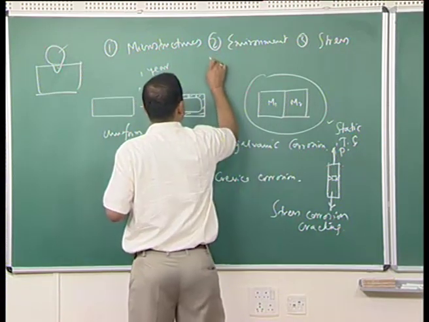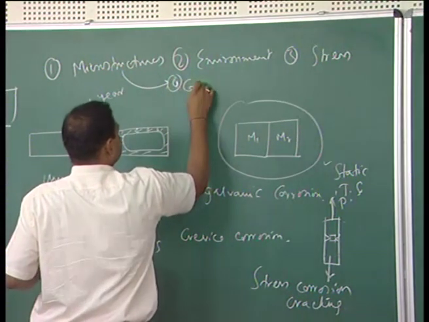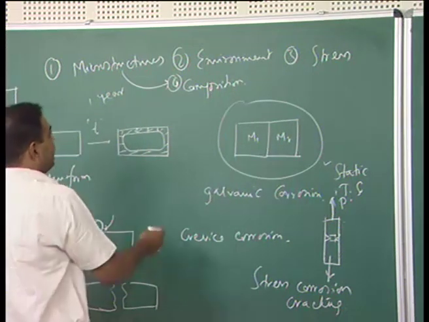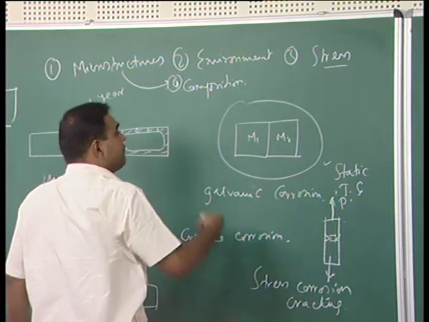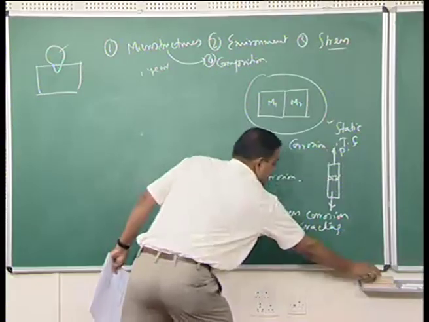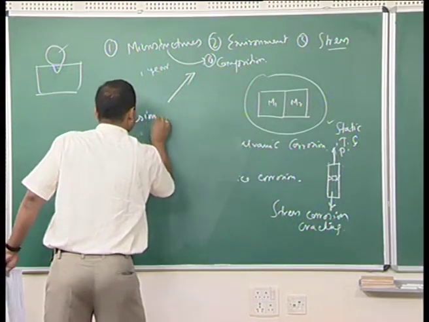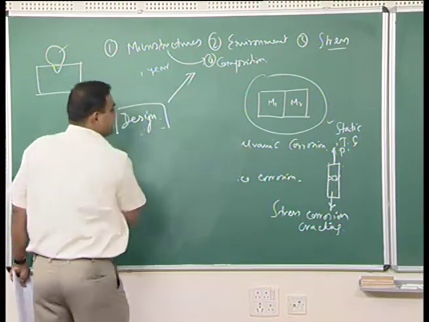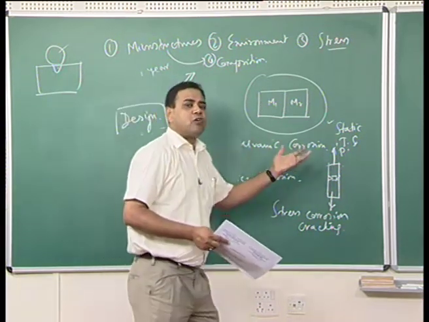Then you can also have composition. Since stress is acting as a mechanical action, there could be sub issues. For example, you can have design related things, which is another important factor. There are several factors like this, and those will guide what sort of form it is.